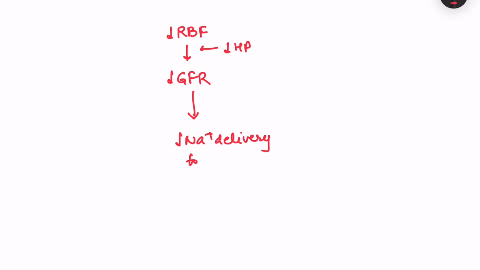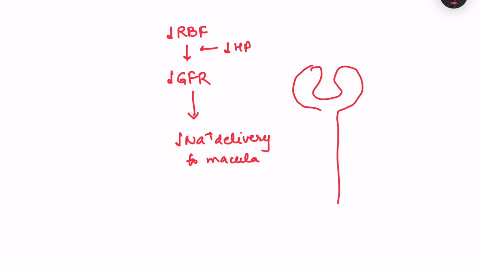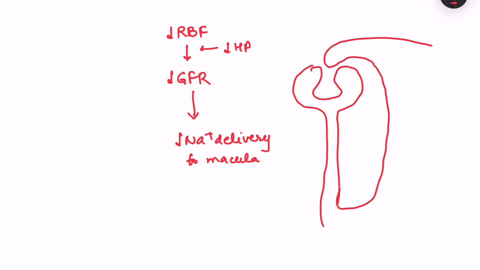Where are these macula densa cells located? So this is the nephron, okay, and it goes like that. The DCT part, it goes like that. So ascending limb of loop of Henle, and this is the distal convoluted tubule. Here macula densa cells are located. So when there is decrease in the GFR, the sodium which goes to these macula densa cells is less.